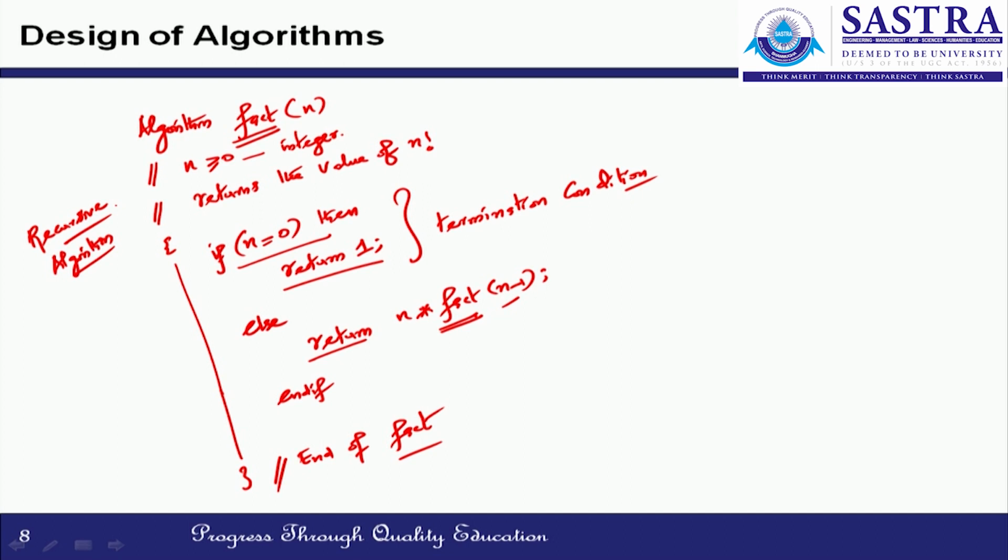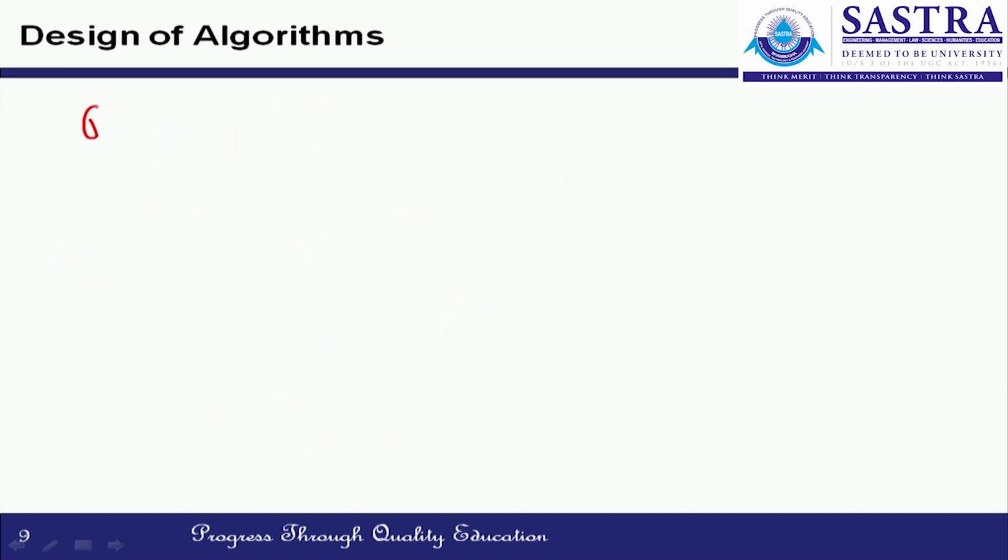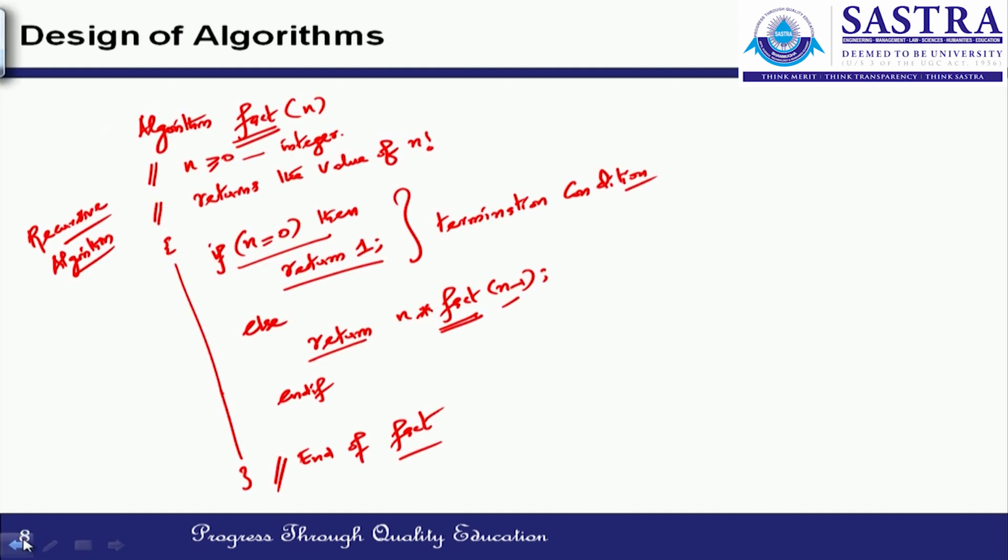Let us verify the correctness of this algorithm by taking n is equal to 6. Trace for n is equal to 6. What is the initial call? Initial call is fact of 6.